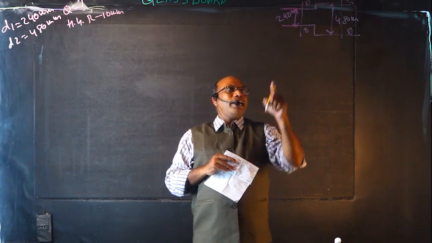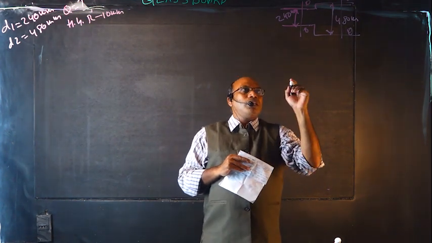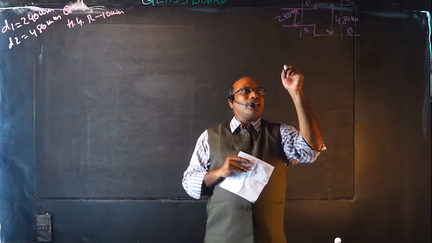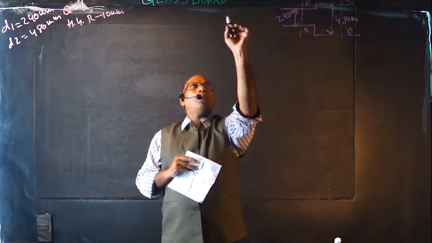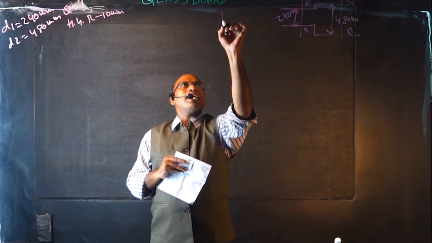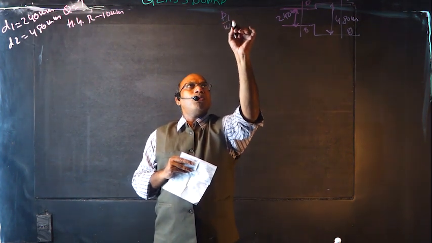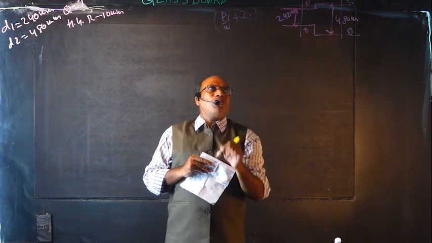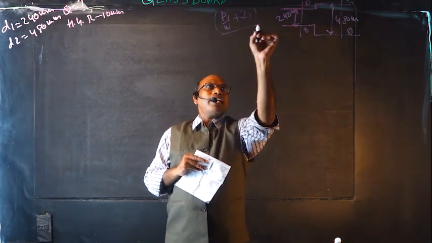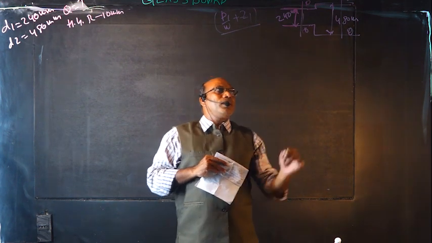The hydraulic gradient line at section 1-1 is equal to the pressure head P1 by W plus Z1, that is the datum at section 1-1.